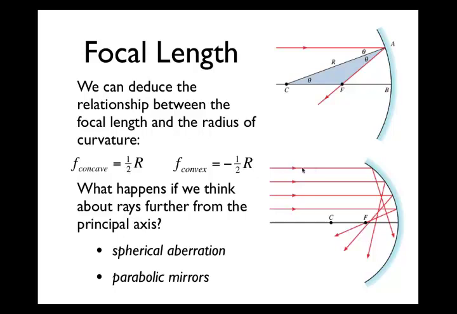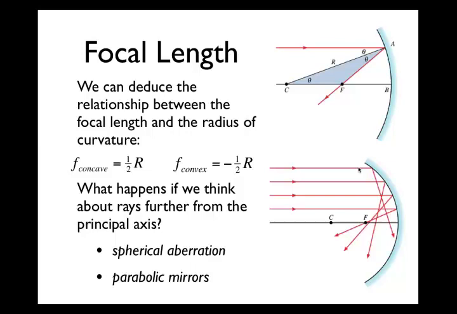If in a spherical mirror you have rays that are further away from the center of the mirror, or further away from this principal axis that we've constructed, they don't actually all get reflected through the same point. And the further away you get from the center, the worse it gets. So this is known as spherical aberration. You make a bigger mirror and it collects more light, but it doesn't focus it as well because of the curvature of the mirror.